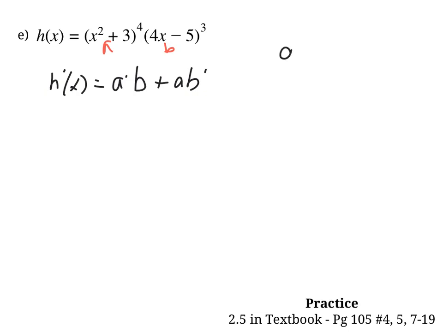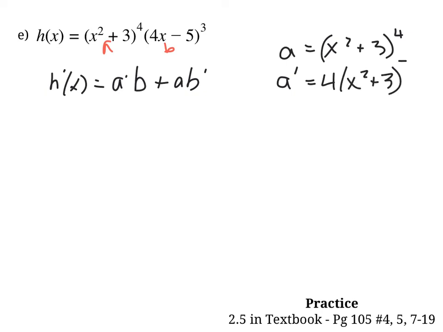So if A is (x² + 3) all to the power of 4, we take the derivative of that using the power of a function rule. So A prime is just, the 4 comes down in front, 4(x² + 3) to the power of 3, and then we multiply by the derivative of what's in the brackets, which is just 2x. There we go, that's A prime. And we can actually simplify that just to make it a little bit easier to write down.